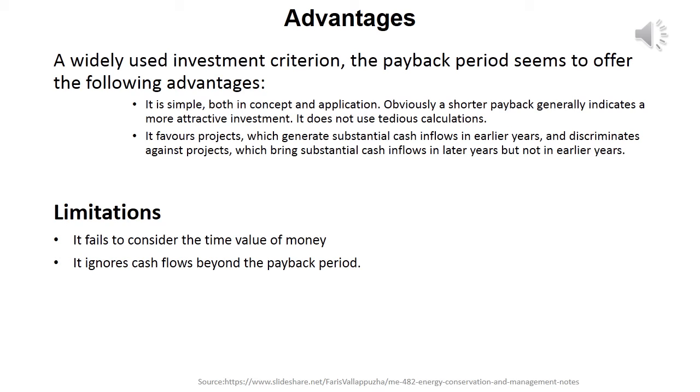Number two, it ignores cash flow beyond the payback period. Friends, yes, it only considers the period up to payback. Let us say we are installing a solar panel, and the expected life of the solar panel is 25 years.